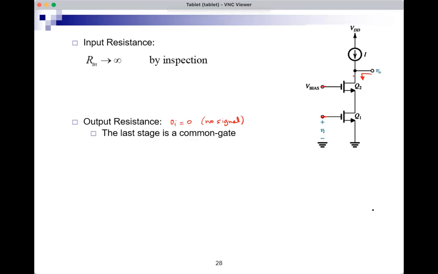I'm looking into the drain of Q2, and there are two MOSFETs in series like this. Again, I look up the equation in the formula sheet, and there is a circuit just like this one that tells me that this is RO1 plus RO2 plus GM2 RO1 RO2. So that's it. I don't need to do any detailed analysis, really. Just look up the formula in the formula sheet.